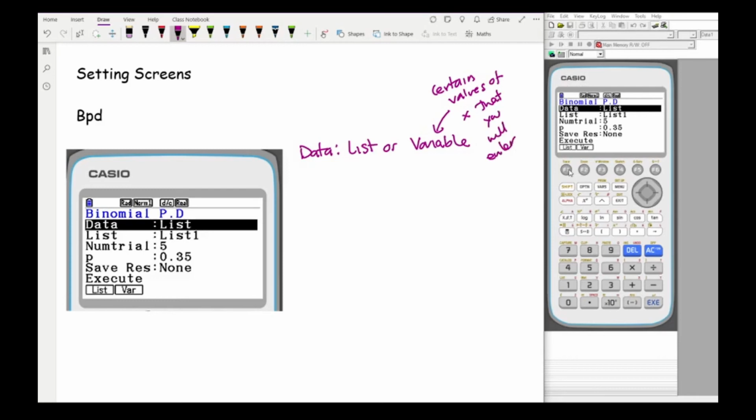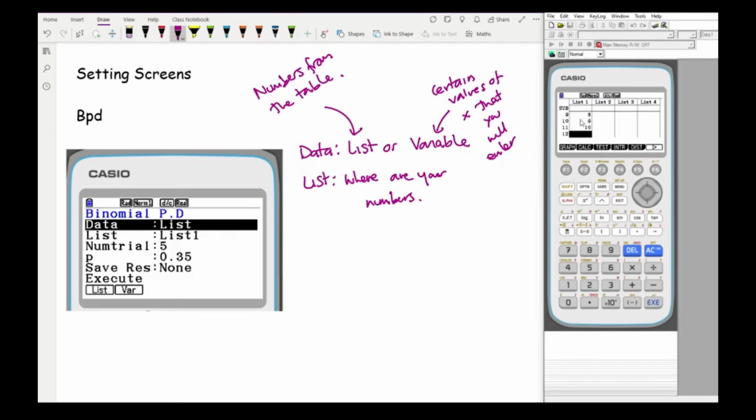And a list is basically numbers from the table previously. If you've chosen list, you will get another option of list 1, and that is basically where your numbers are. Generally speaking, my numbers that I've entered are in list 1, so that's what you type in.